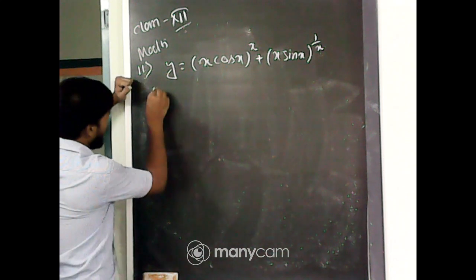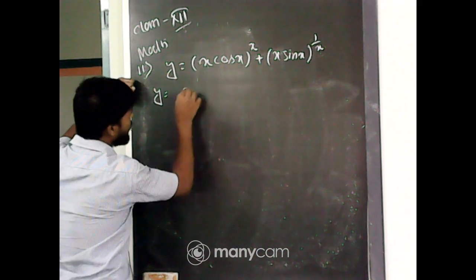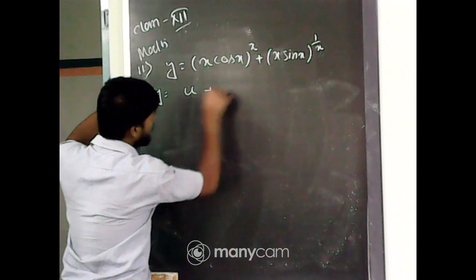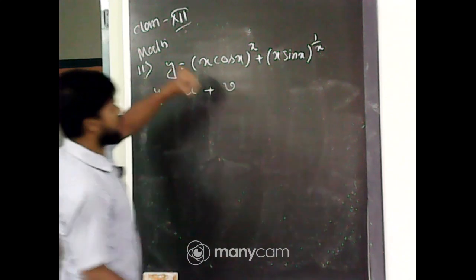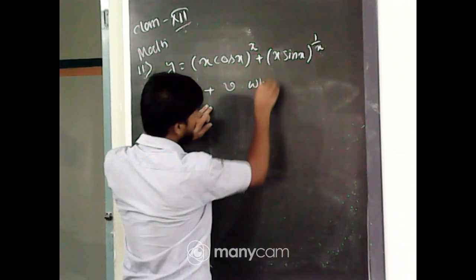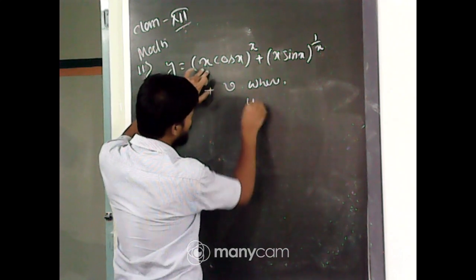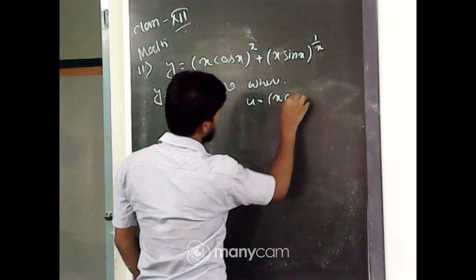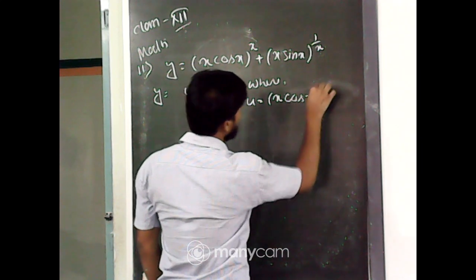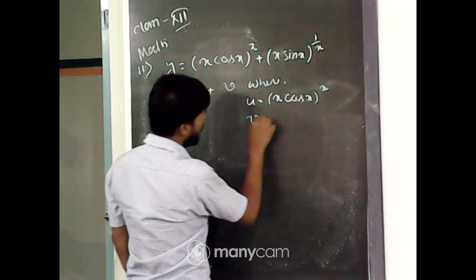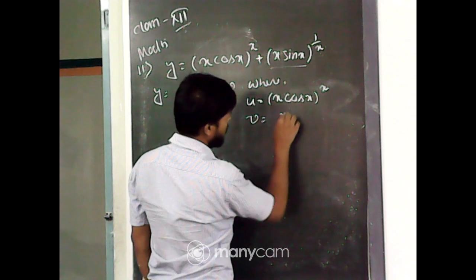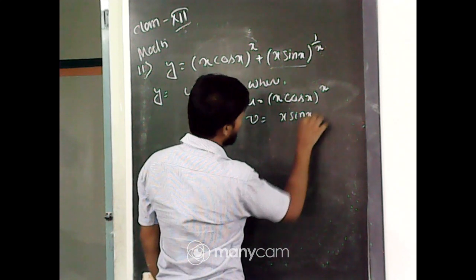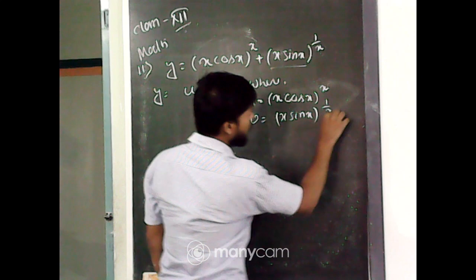So again, we are considering this term as u and the second term as v, where u means this total expression x cos x to the power x, and v means the second expression x sin x to the power 1 by x.